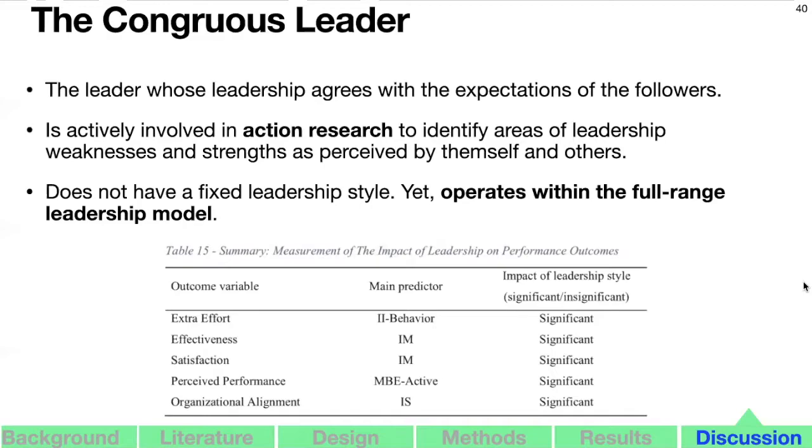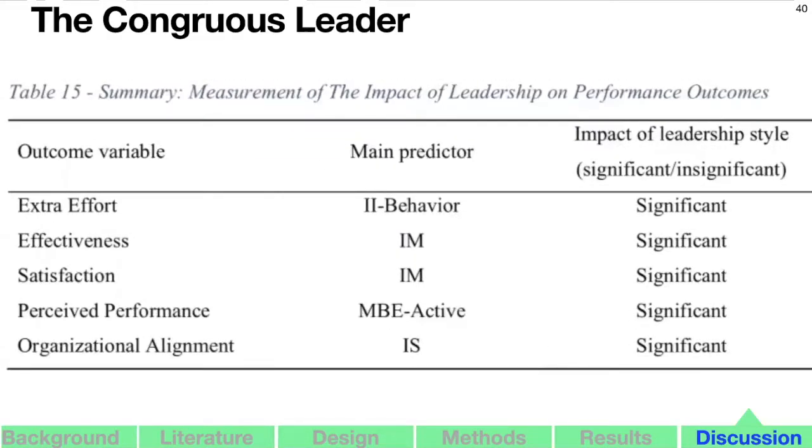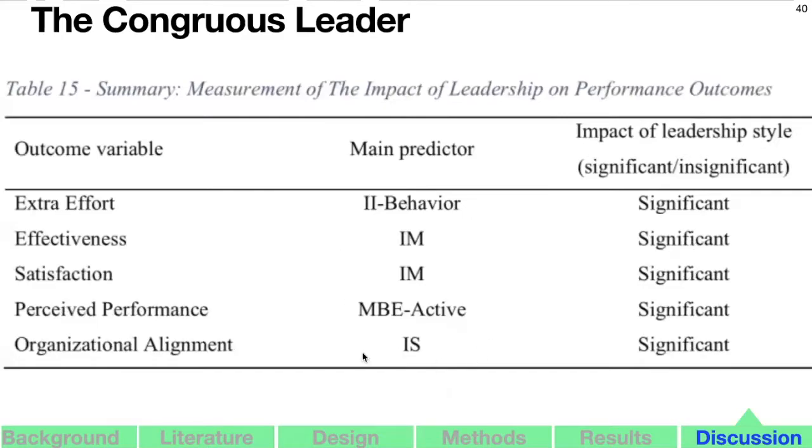If they find these differences, then they can change their behaviors as indicated in this table, but they have to first conduct research to find out which leadership behaviors are main predictors of which outcomes, in order for them to know which behaviors to adopt to influence which outcome variables within the organization.